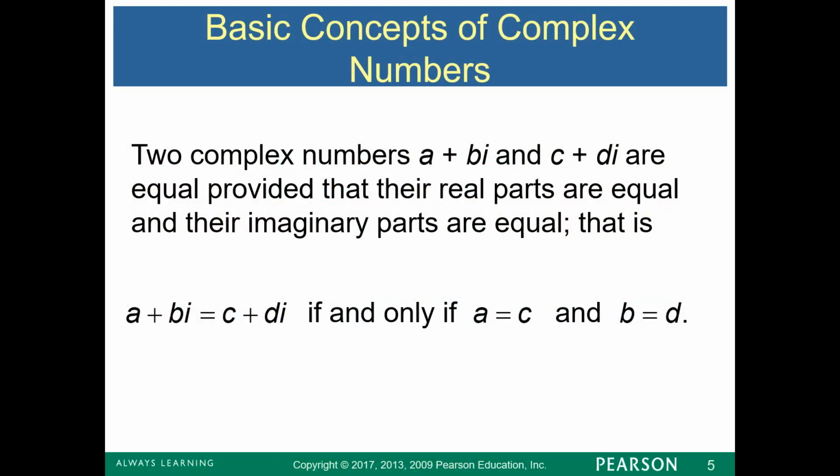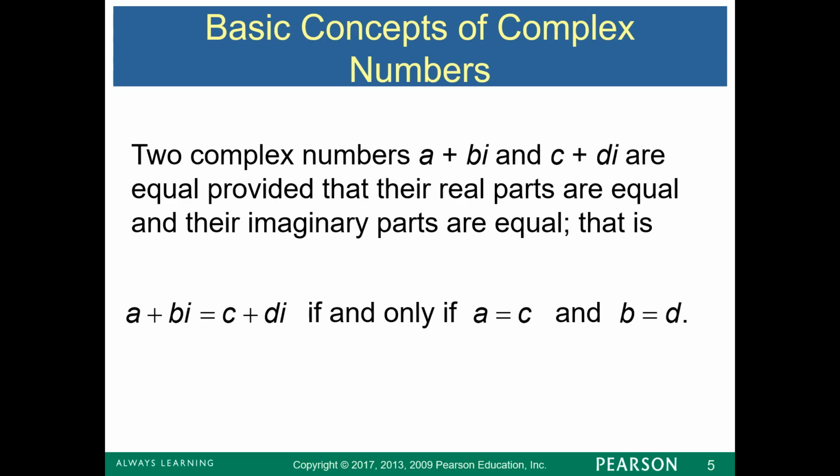So now, look here. If you have two complex numbers, A plus BI and C plus DI, they are equal if the real parts are equal and the imaginary parts are equal.